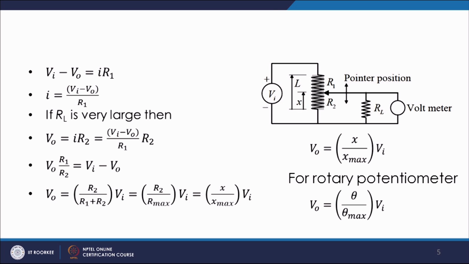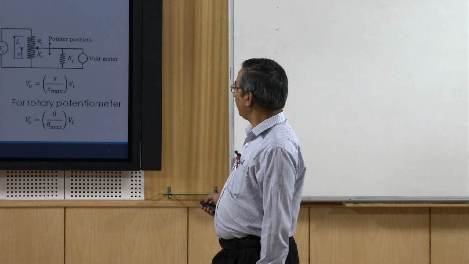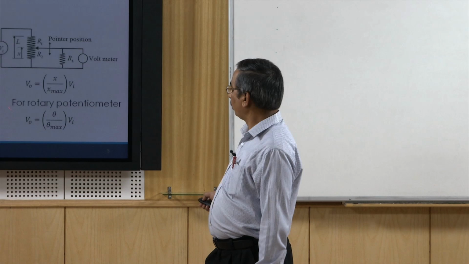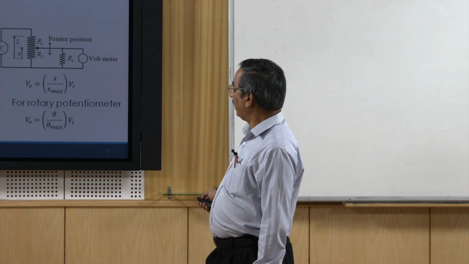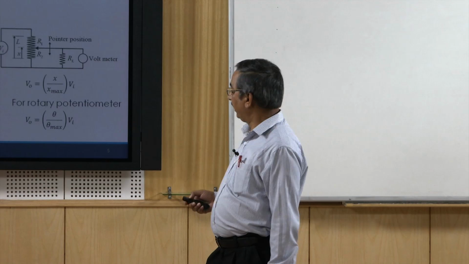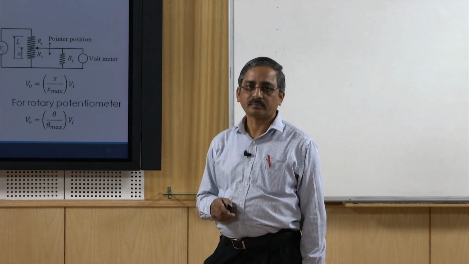So Vo is equal to theta by theta max into Vi. This is how the rotary potentiometer can be explained, where the angular rotation of the potentiometer can be measured in terms of the voltage.